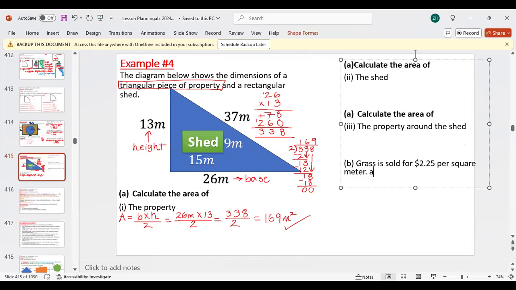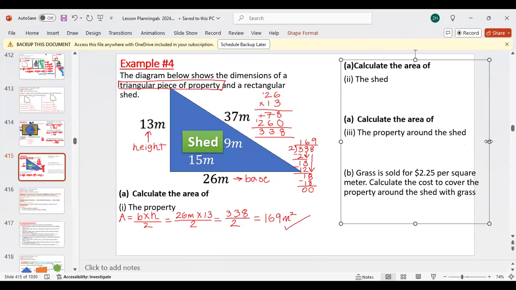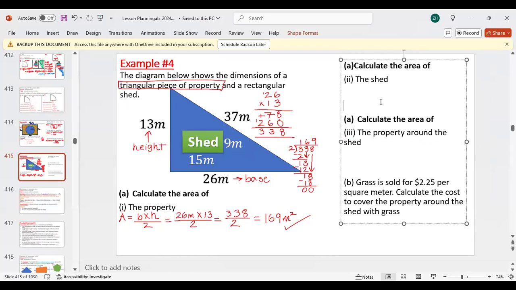Calculate the cost to cover the property around the shed with grass. Okay.